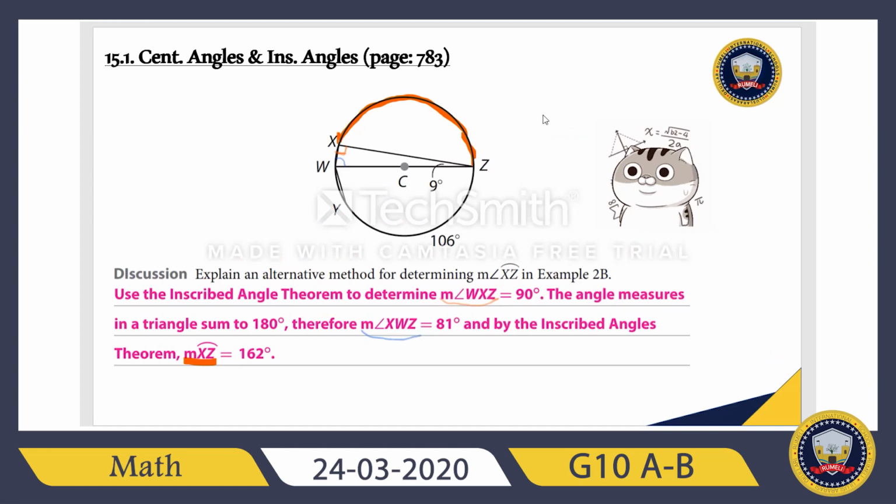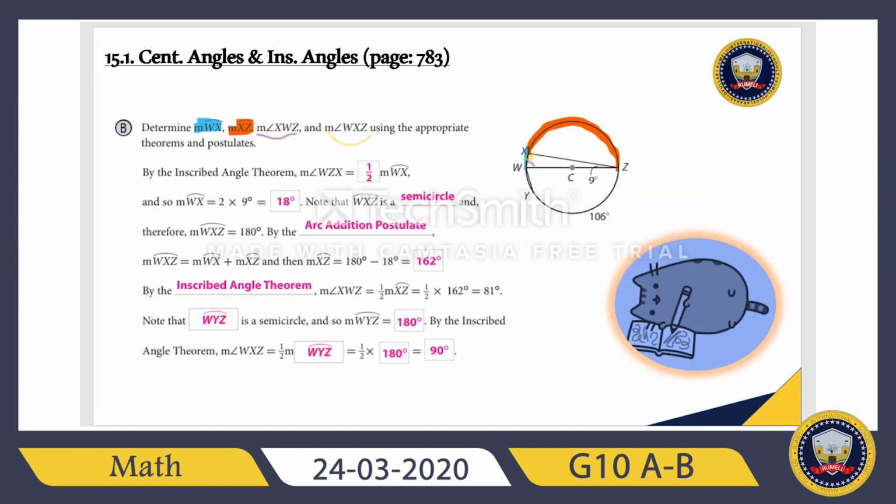Now, look, in the same example, I wanted to find the measure of the arc XZ in a different way. So remember, in the previous one, we found XZ from saying that it is 180 minus 18. So we took this 180 minus this arc here, which is WX, that is 18, and we said it's 162.